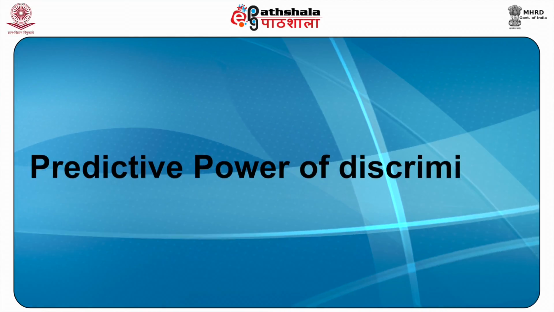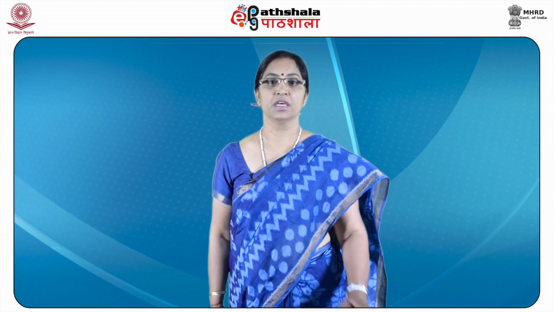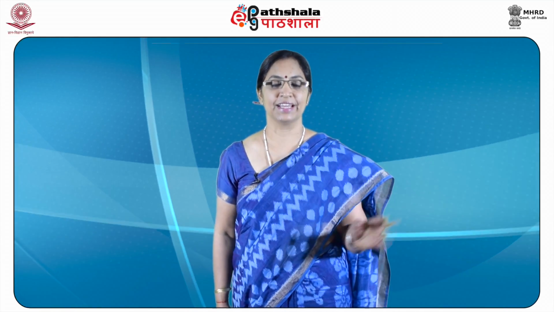Let us look into the predictive power of these discriminant functions that we arrive at. The aim of applying the discriminant functional analysis to the data is not to identify the significant differences among the means. We have already done that most of the time using MANOVA.